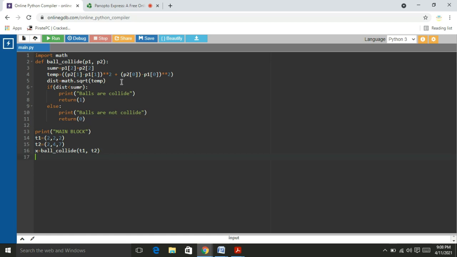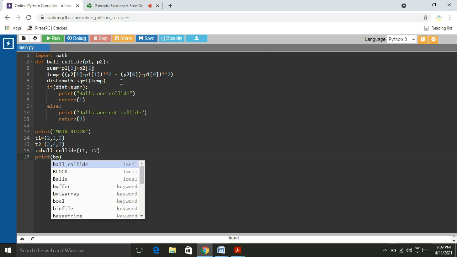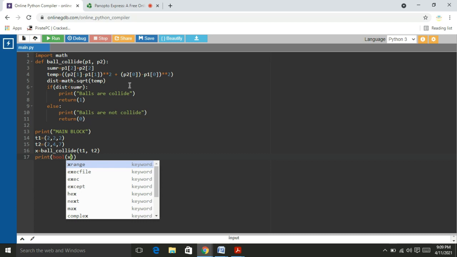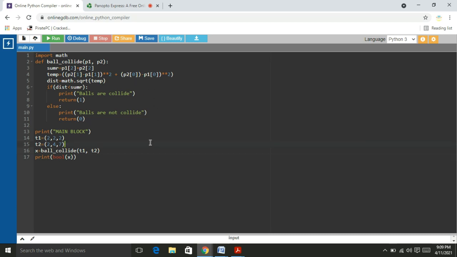And now I print the result, print with the variable x. Because the one is converted into the boolean type, for that reason I am using the bool of x. So suppose one is returned, it will convert to true, otherwise it prints false. Now I execute this program. Friends, please observe this one.